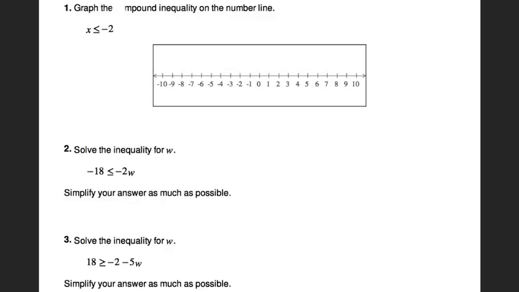Let's suppose that I just had this problem. Graph the inequality x is less than or equal to -2 on the number line. How would you do that? What kind of a picture would you draw, Joe? To graph -2. Okay, so you start by graphing the number -2. And you circle it, and then don't you shade it in a little because it's less than or equal to.